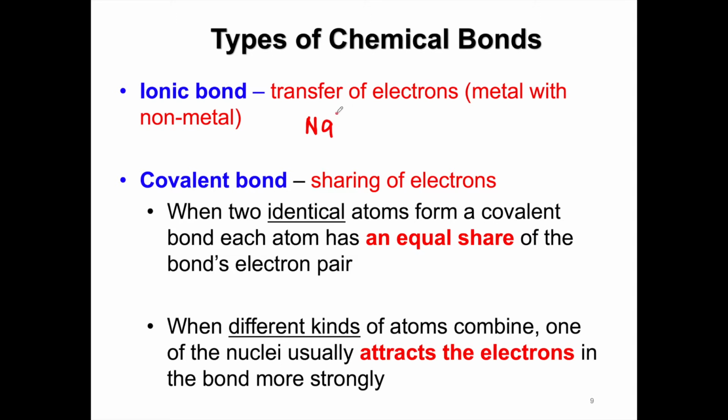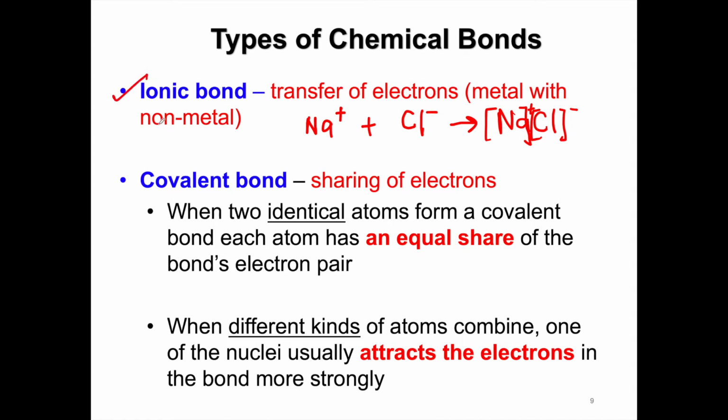We have Na plus, sodium, which is the metal, and chloride, which is the non-metal, to form NaCl, or you can write it as Na plus and Cl minus. With this transfer of electrons, one is positive and one is negative, and it forms sodium chloride between the metal and non-metal.